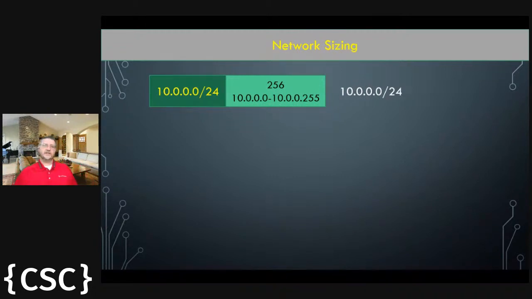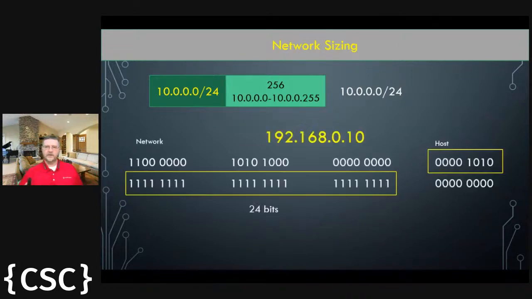But if I say I have a /24, what I'm really saying is that I want 256 addresses. So my range on that fourth octet is from 0 to 255. So I have 256 possible options. And this is where I'm really getting into CIDR here: remember the subnet masking being applied.